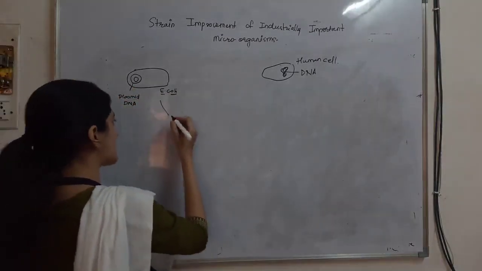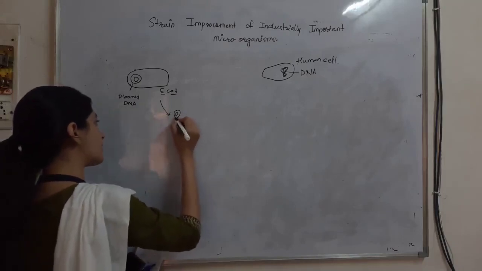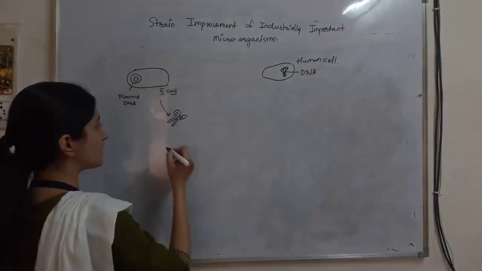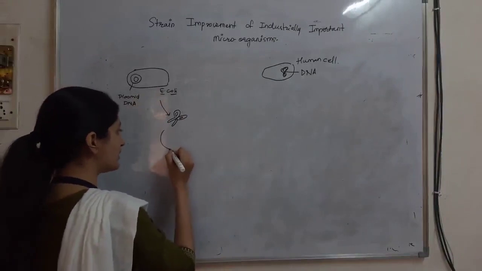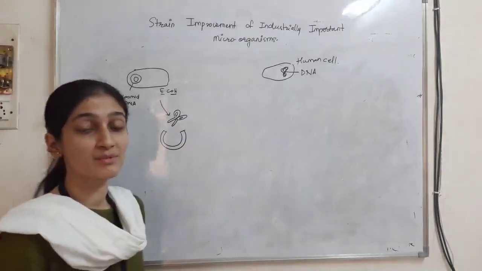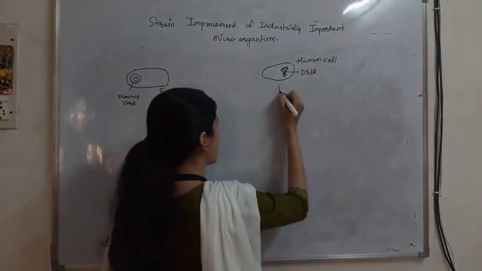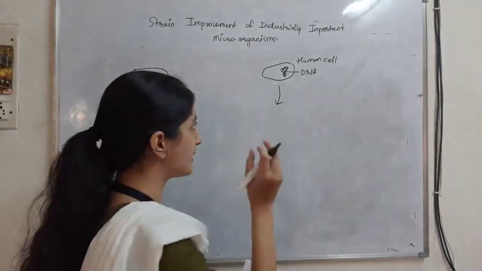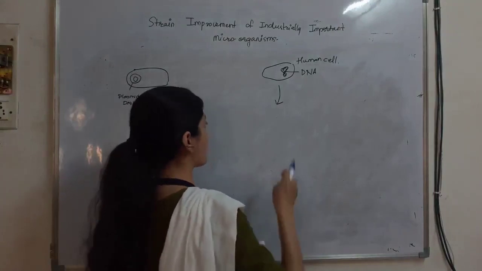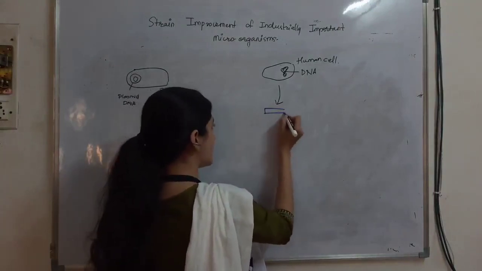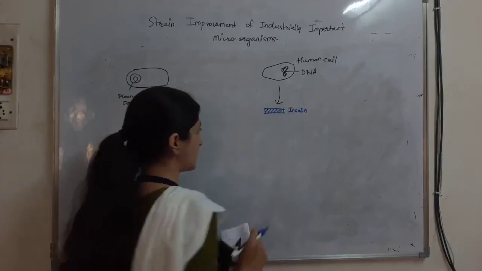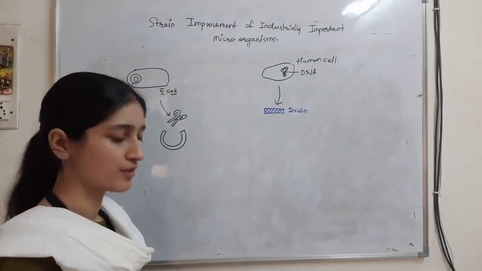So, with the help of certain restriction enzymes, which help in the cleaving or cutting of this plasmid DNA, we can form a nick in the plasmid DNA, and from the human cell DNA, the gene responsible for producing insulin is cut and used.